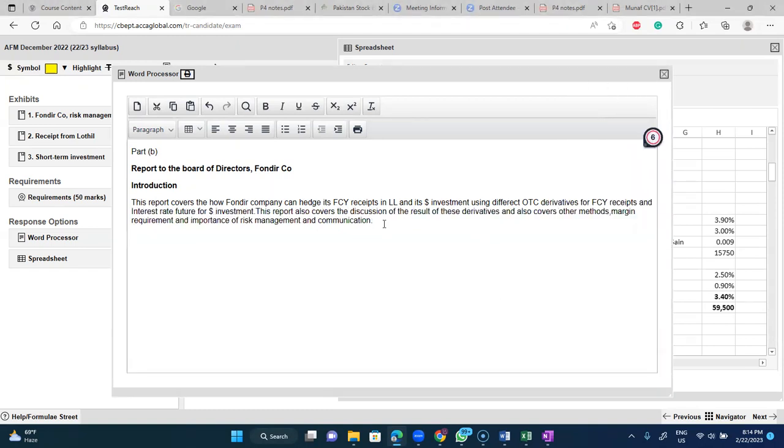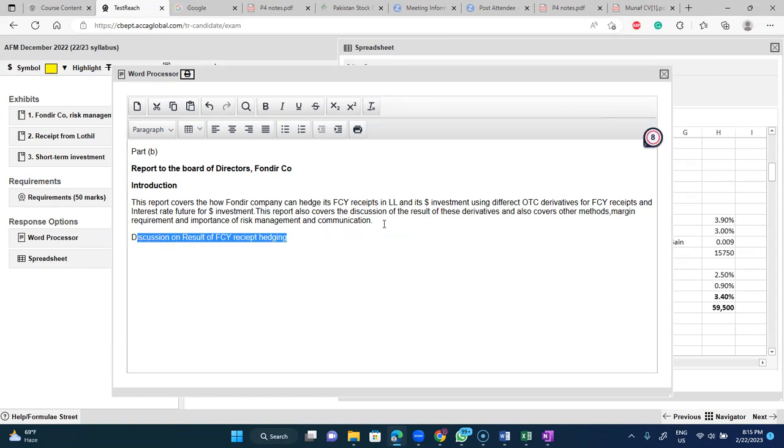Now the first heading should be discussion on result of foreign currency receipt hedging. Okay, you will discuss this.